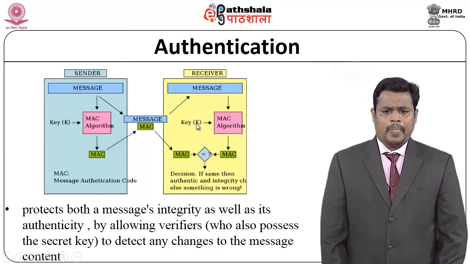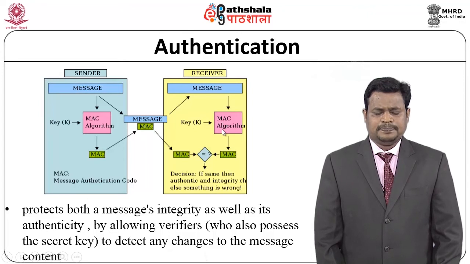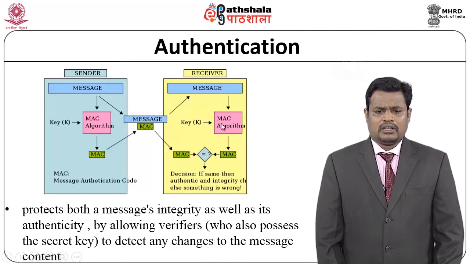That is the K, the MAC algorithm, and it is very important that both are using the same MAC algorithm. Now the message is sent to the MAC algorithm, and with the help of the key, a new MAC value is generated on the receiver side.